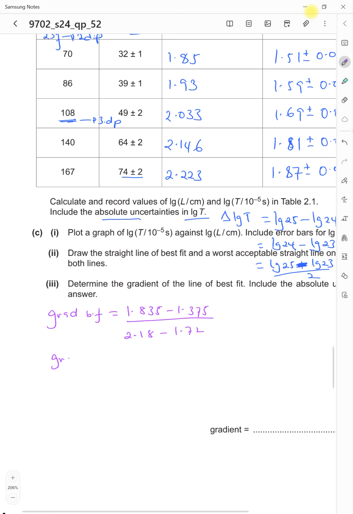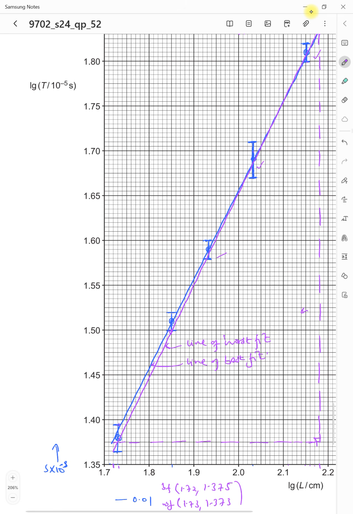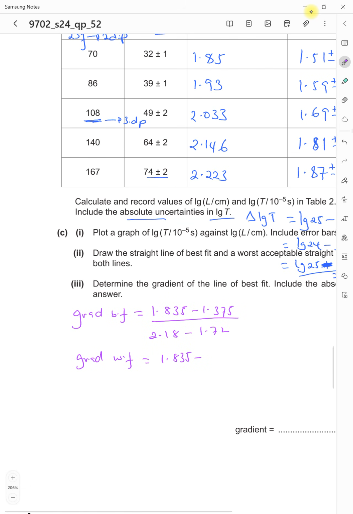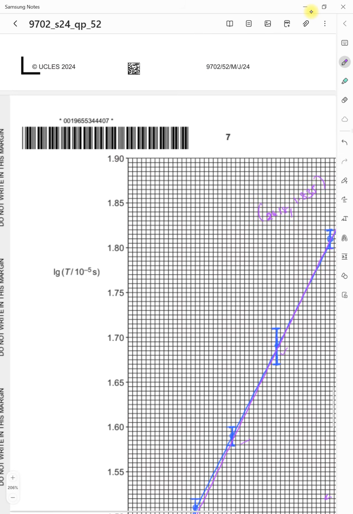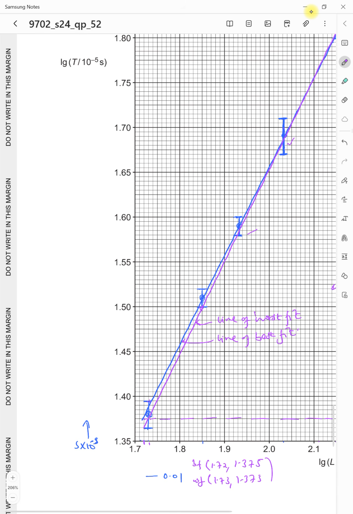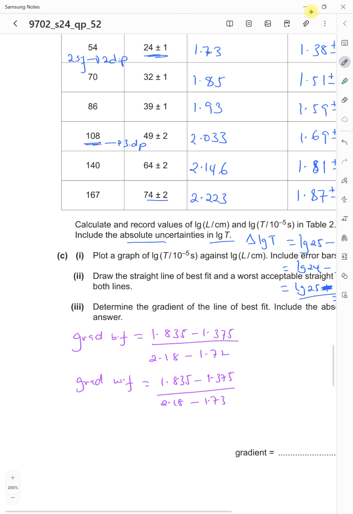Then for the worst fit, sorry, there is not enough space here. The gradient of the worst fit is equal to 1.835 minus, of course the y value is the same, 1.375, divided by the x value, 2.18 minus the first one for the worst fit, which is 1.73. I expect this to be steeper than the other one, so this second gradient should be bigger.